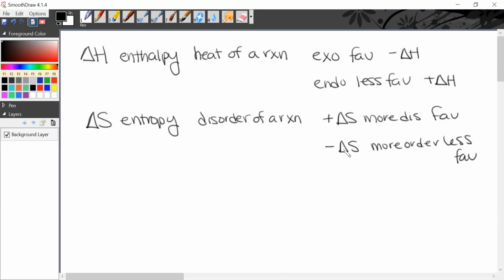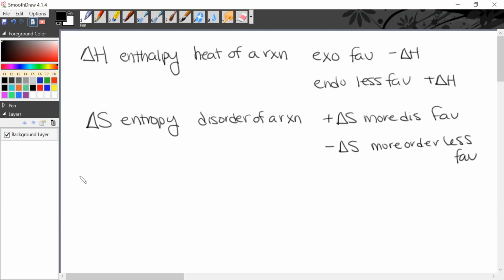So we can see here, you guys, that it could be very possible that we have something that's favorable in terms of enthalpy, like a negative delta H, but something that's not favorable in terms of entropy, a negative delta S. How do we know if this reaction is going to be spontaneous or not? We've got to look at the relationship between the two, all right?